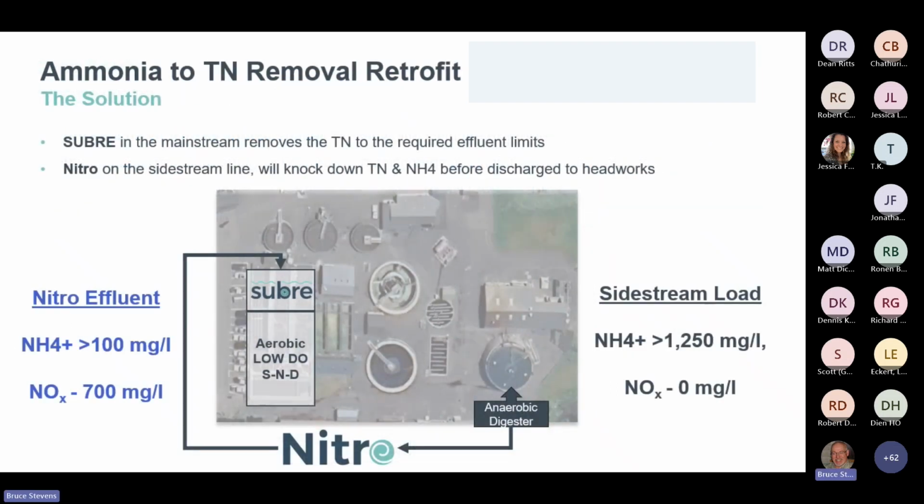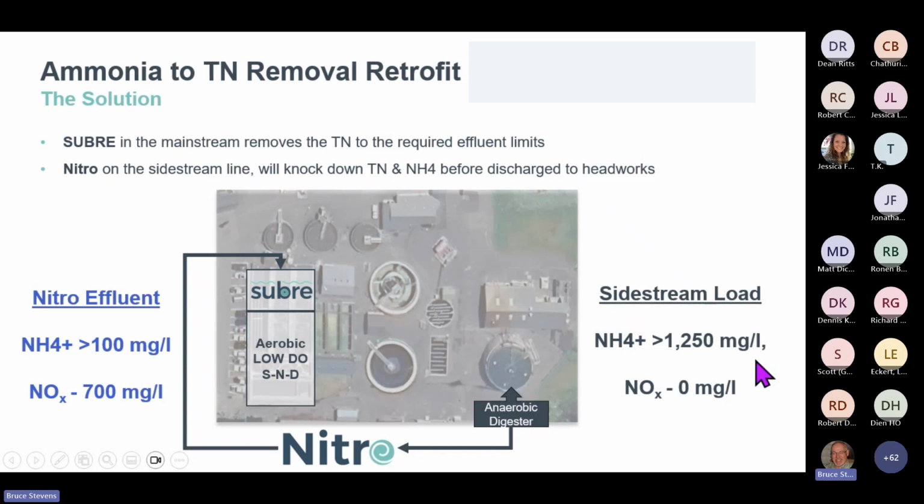This is just a quick overview of the facility. SUBRE is our process, the submerged biological reactor system that we use for the MABRs. So that will be retrofitted into the existing aerobic tankage, and then we'll have our low DO SND zone after the MABR section. And then on the anaerobic digester, we'll insert Nitro in the side stream.